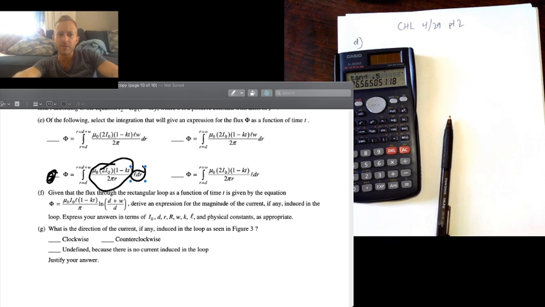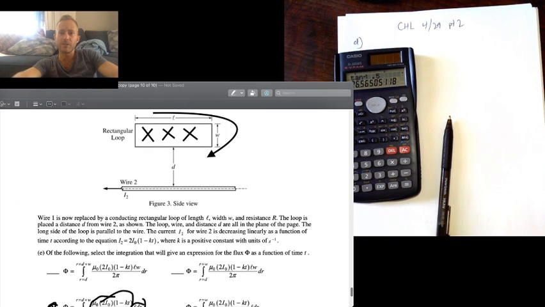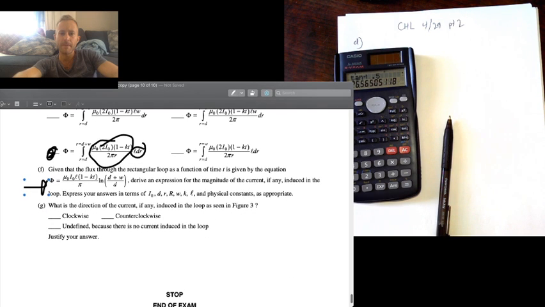Take the derivative of this to get the EMF, and then divide by resistance to get the current. I already answered the direction of the current is going to be clockwise.